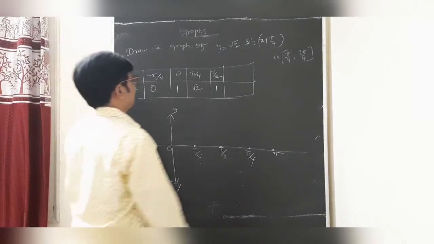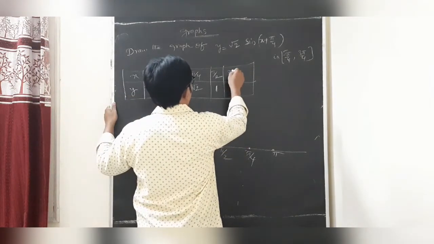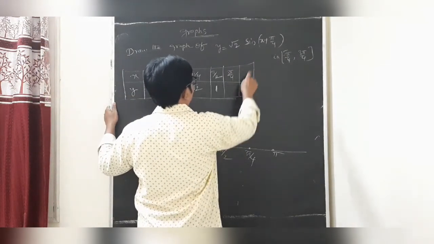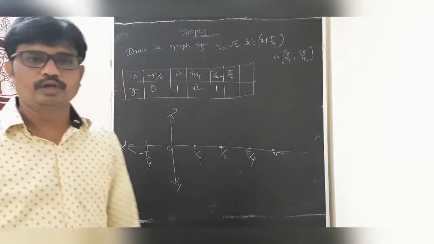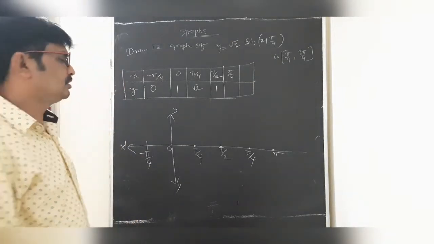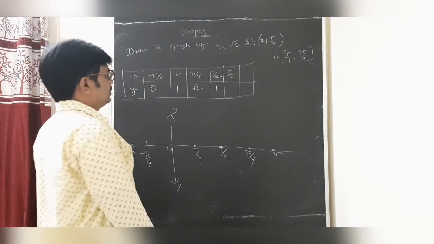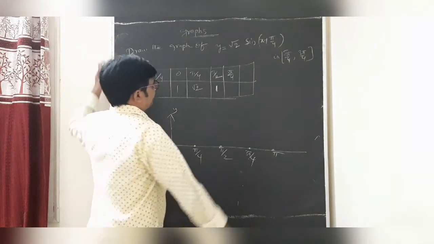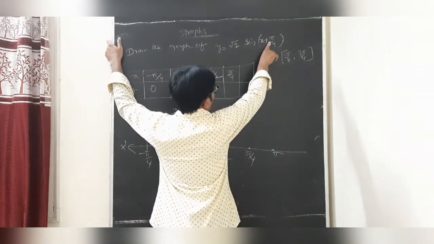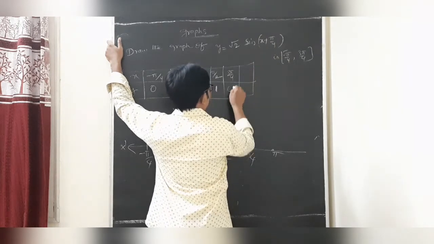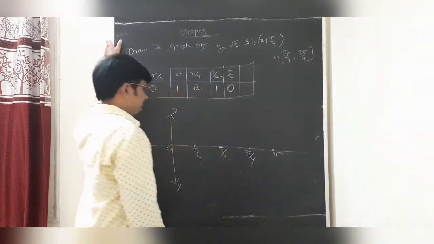After that, 3 pi by 4. 3 pi by 4 plus pi by 4 is 4 pi by 4, that is sin pi. Sin pi value is 0.